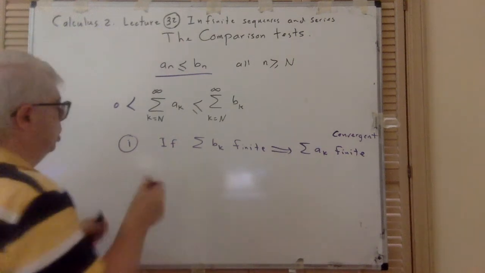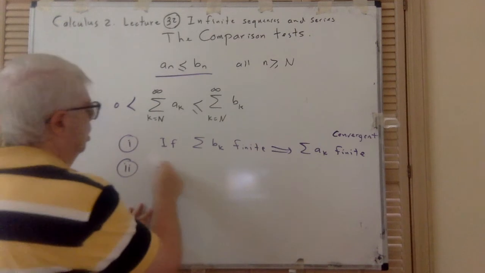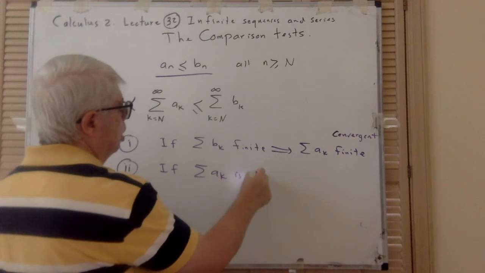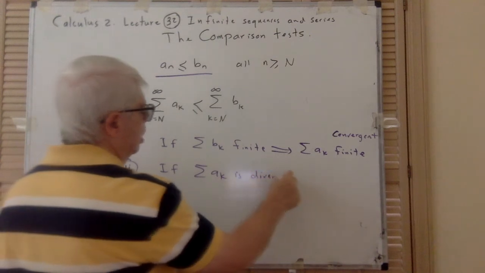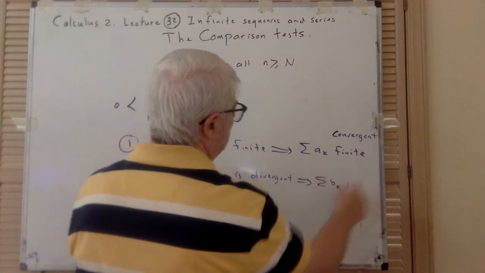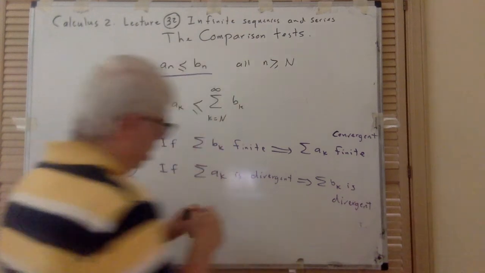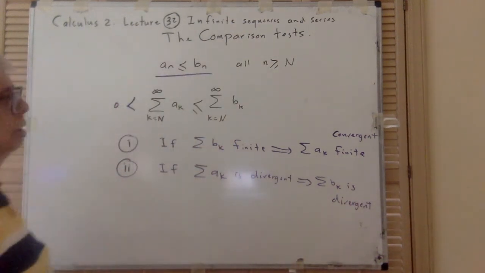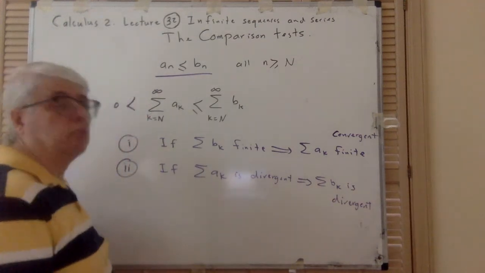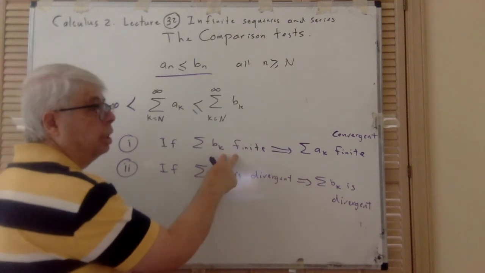Okay, number 2 is saying that if sigma a_k is divergent, then sigma b_k is divergent. Now, how do we prove this? We just say, suppose not. Suppose sigma b_k is convergent, then sigma b_k is finite.